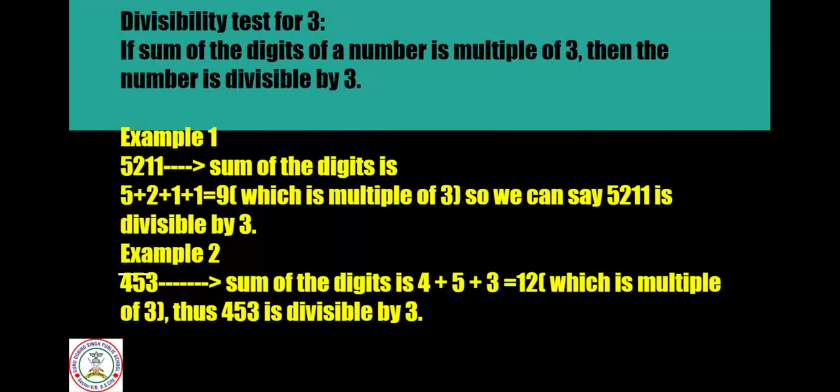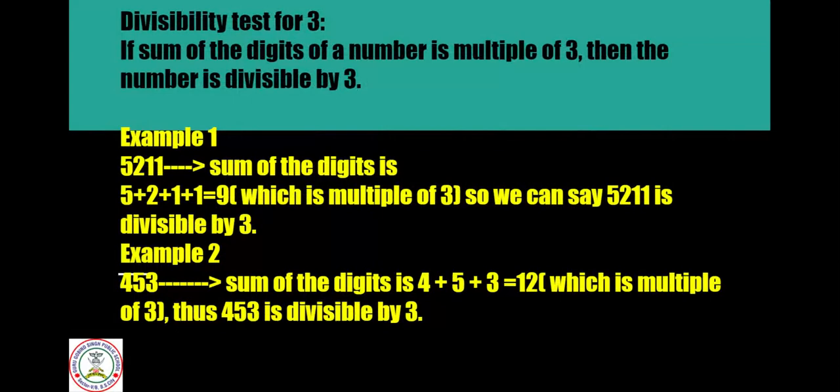Sum of the digits is 5 plus 2 plus 1 plus 1, which is 9. It is a multiple of 3. So we can say 5211 is divisible by 3.